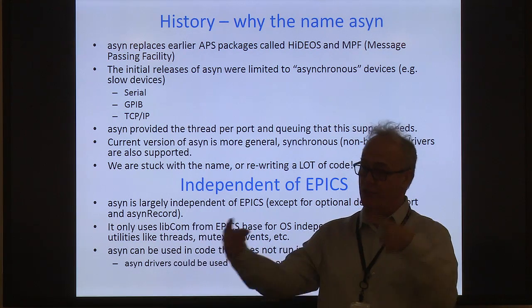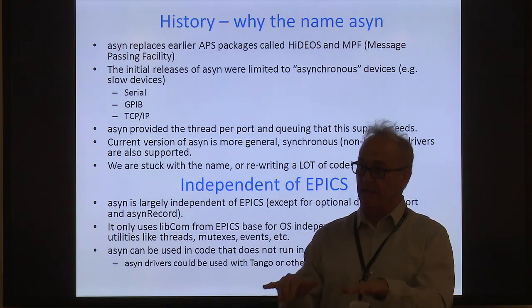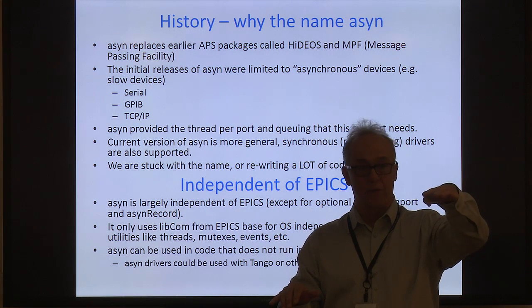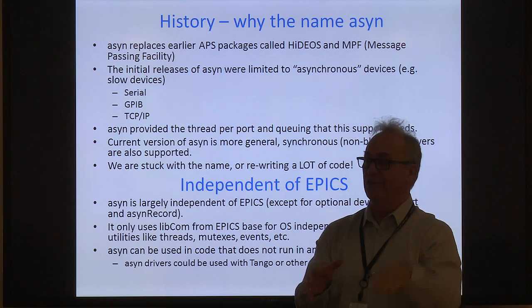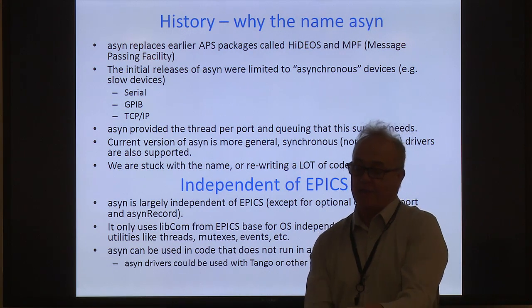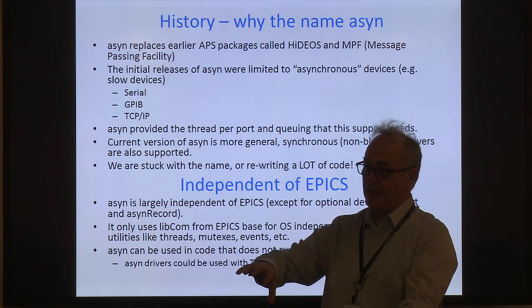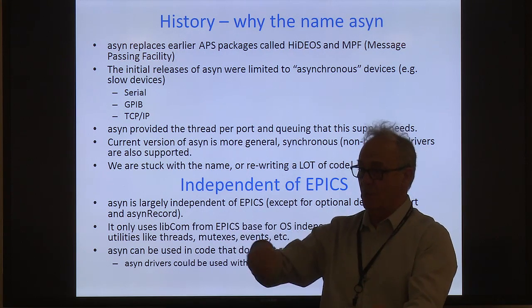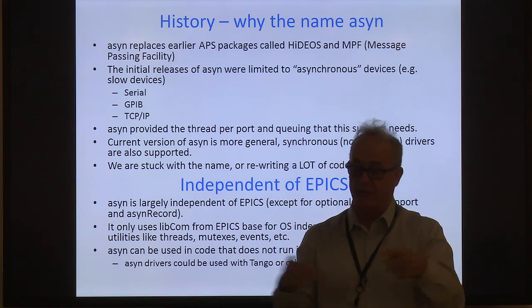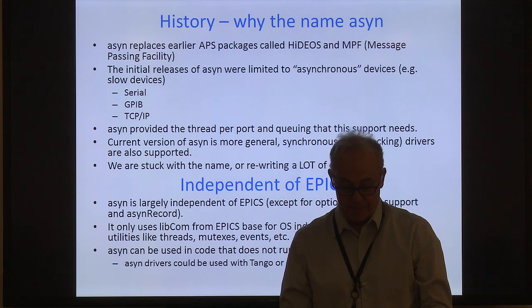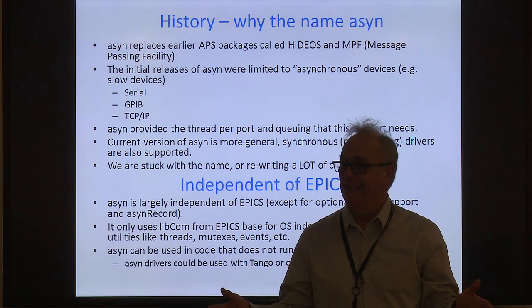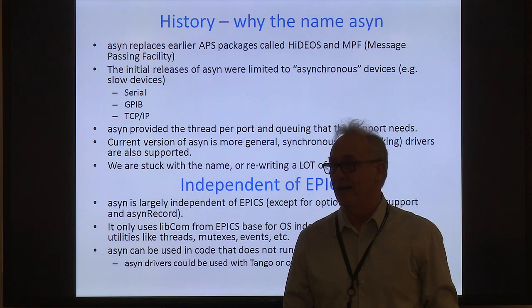There's more task switching involved if it's an asynchronous driver, because you go from whatever is processing the record to queue a transaction, and then some other thread gets the message and wakes up and does the work, and then goes back. So there's some task switching when you do asynchronous processing. But in fact, that overhead is pretty small on modern computers.